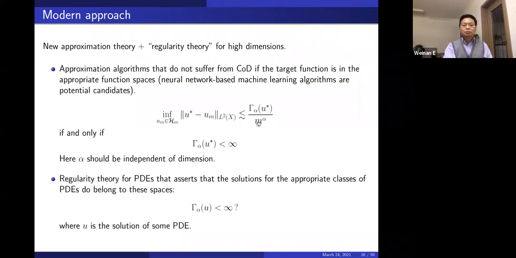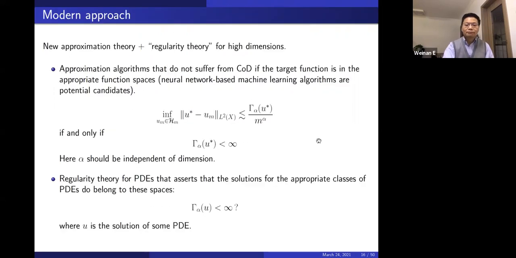The question is, can this be true? And if this is true, then the regularity theory becomes the following question, namely for solutions to a particular PDE, are these Sobolev-like norms, the new norms, finite for the solutions of the PDE? So we're going to address these questions.